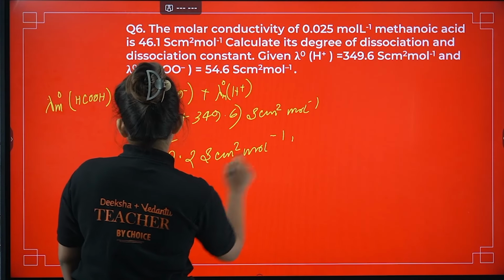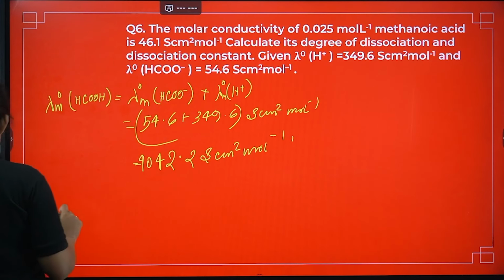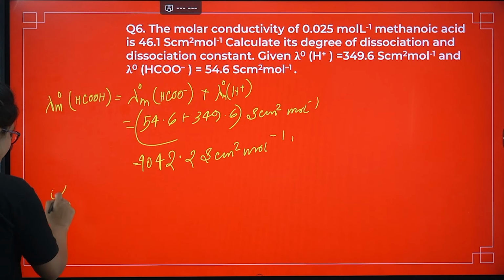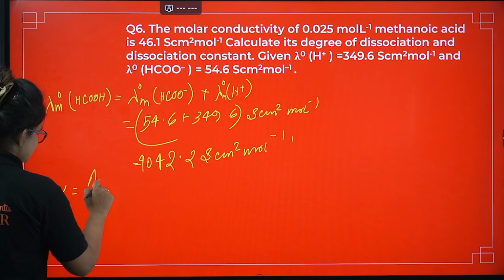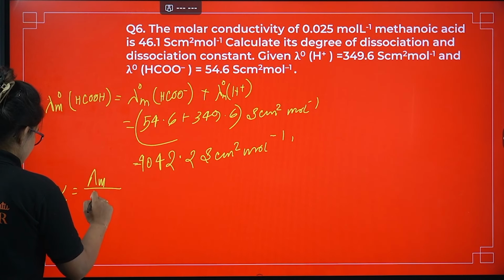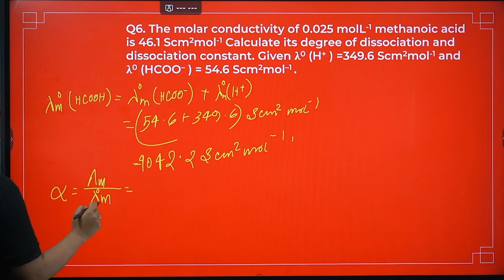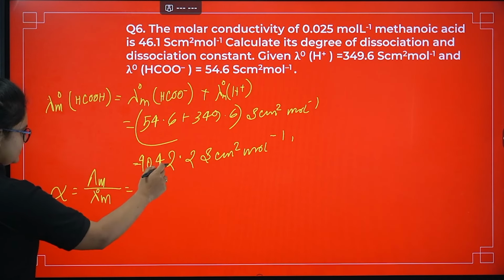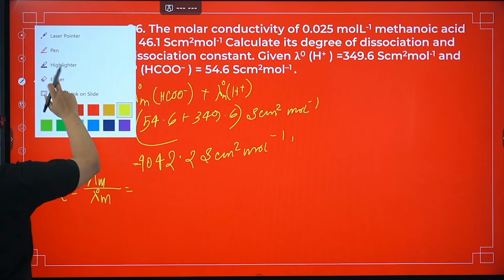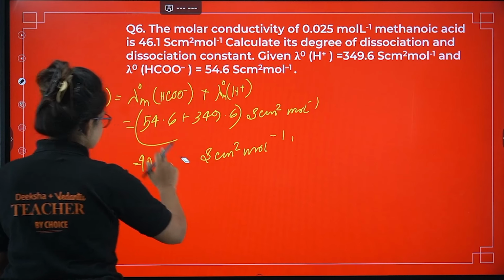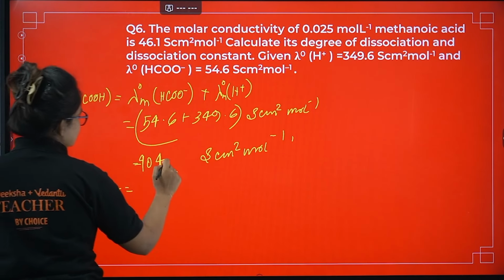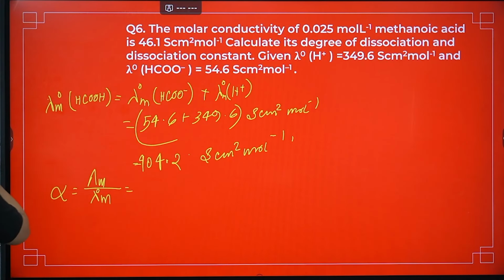Okay, fine. Now what you have to do? So alpha you have to find, that is the degree of dissociation, that is basically lambda m by lambda naught m.